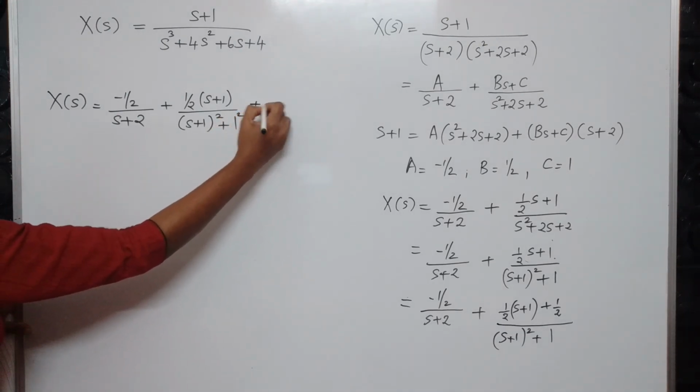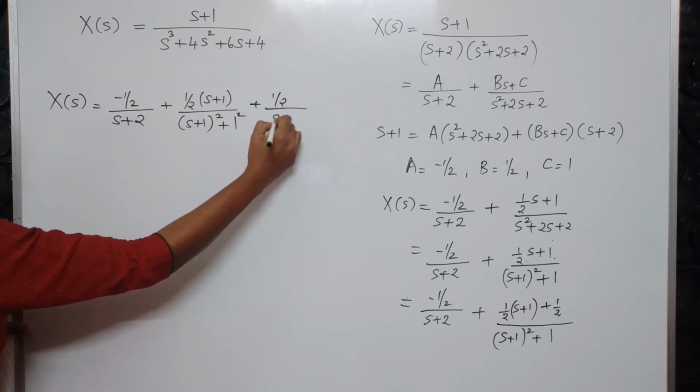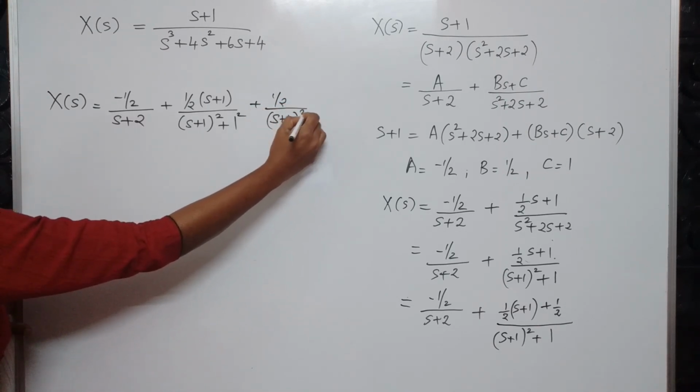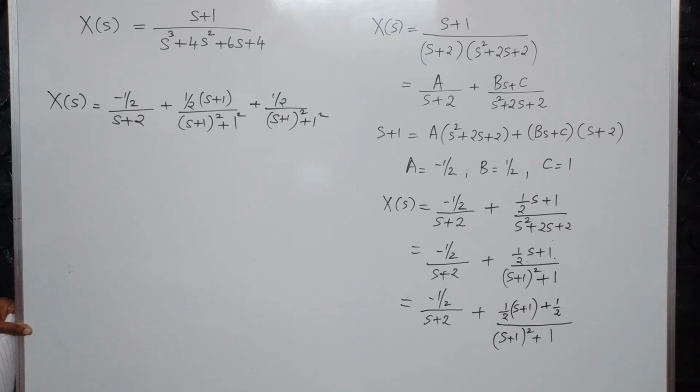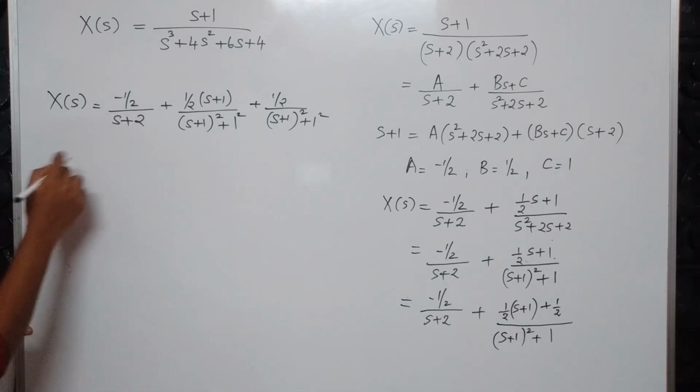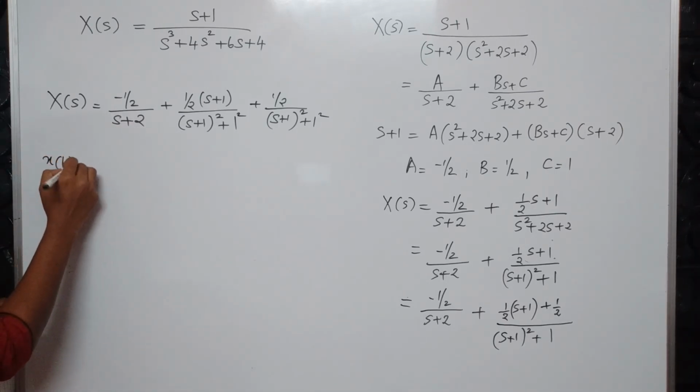Then the last term plus 1 by 2 by s plus 1 the whole square plus 1 square. Now all these are in the standard form. We can find the inverse.